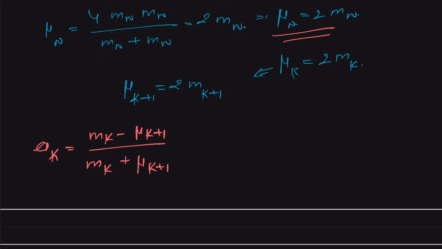And here we already know the relation that mu of n is equal to twice m of n, and we have mu of k is equal to twice m of k.